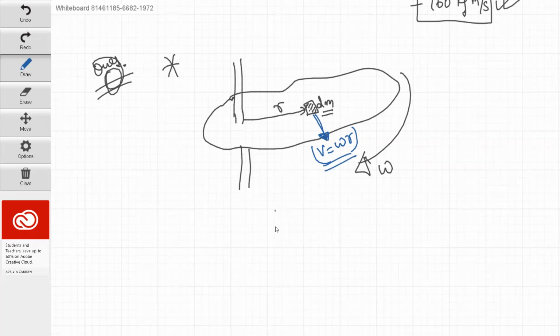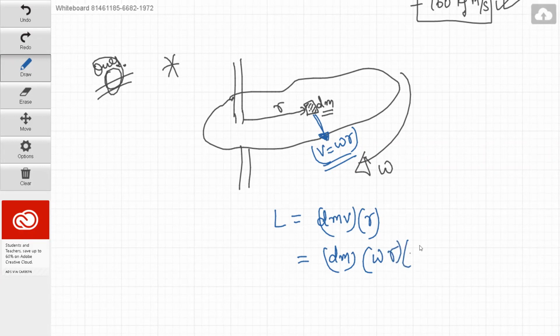So the angular momentum of that dm particle will be equal to dm into v into r. Is this okay? That is dm into omega r into r, so dm r square omega. Just integrate it and you will get the angular momentum.